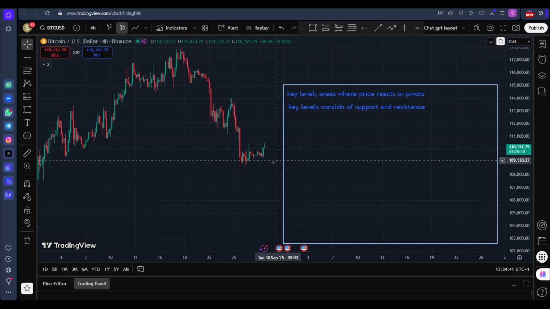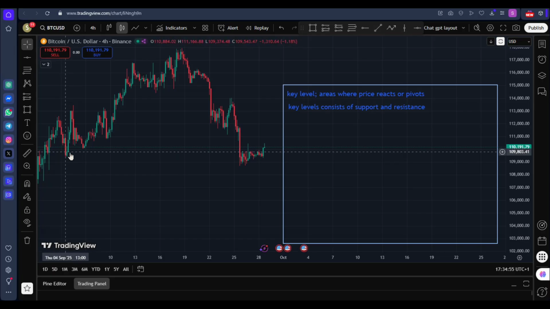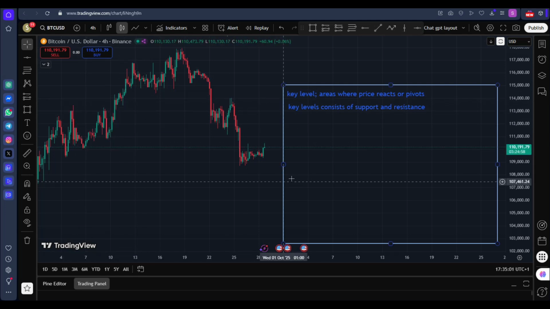Support, in a way, is like a floor consisting of buyers. These buyers push the price up, or they stop the market from falling down. You can easily see an example here: as the price comes down, it stops. So this is our floor of buyers, and look at them over here.